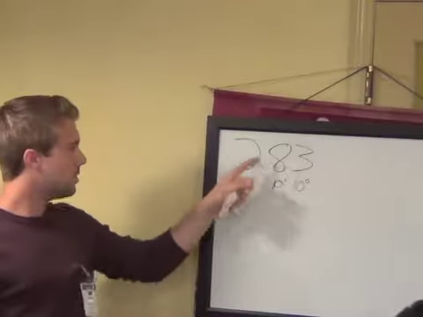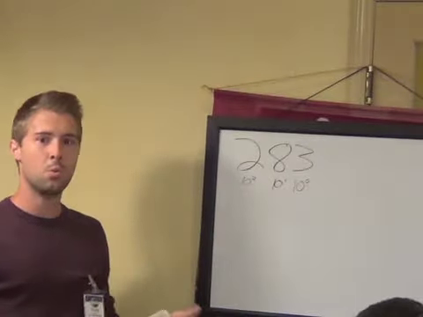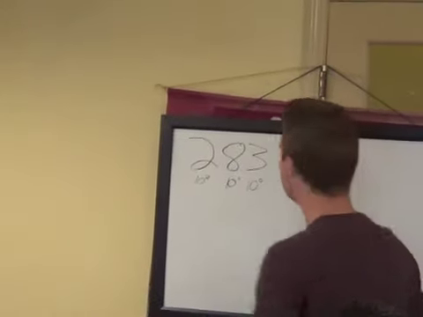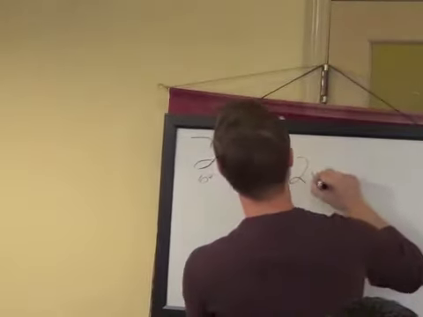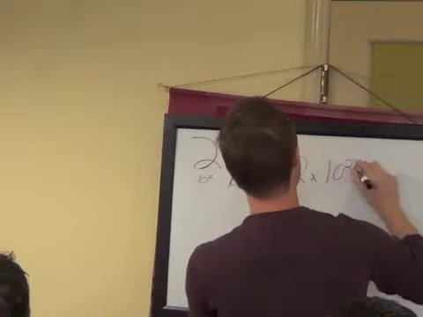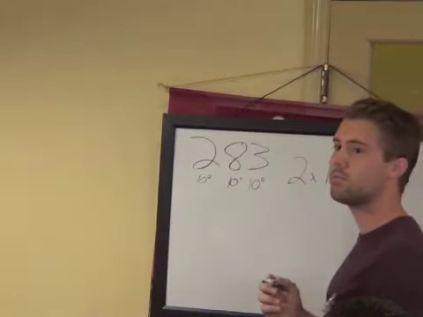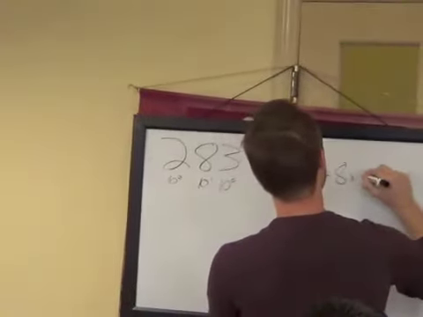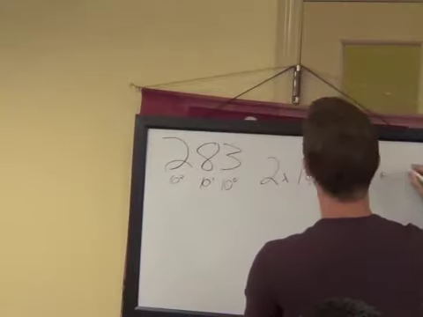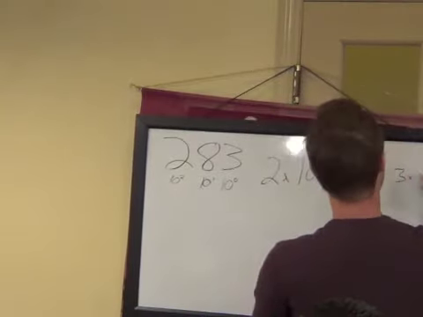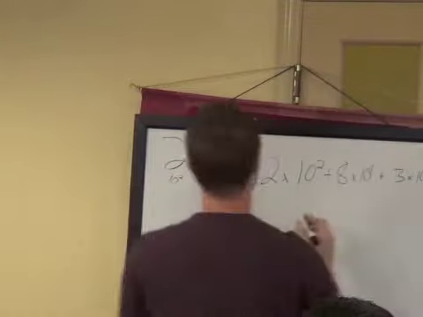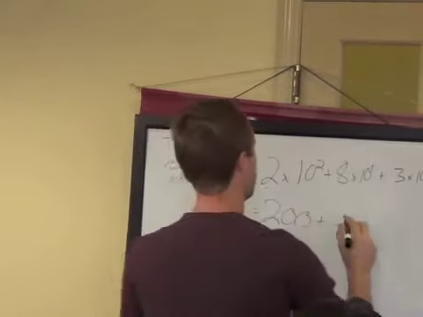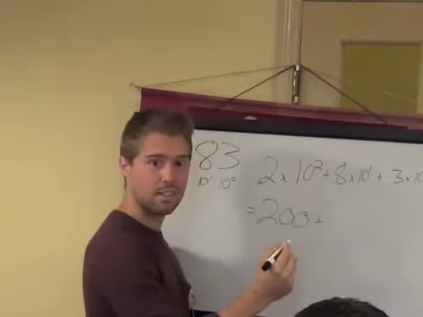Now, to turn these 3 digits into a number that we understand, we multiply them by the value for that place. So this would be 2 times 10 to the second power, which is 200. Plus 8 times 10 to the first, plus 3 times 10 to the 0, which is 200, plus 80.